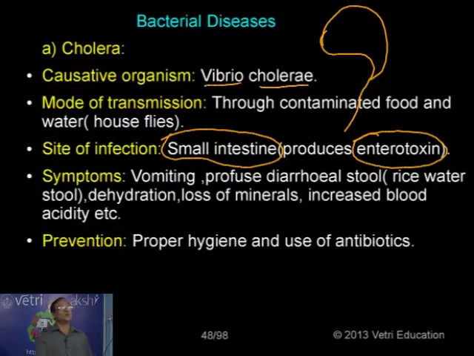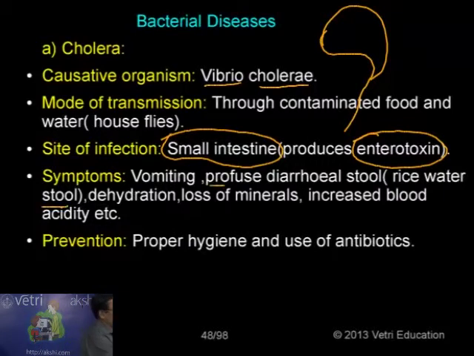Then what are the symptoms? Once you are infected with cholera, the first symptom is a vomiting sensation, and secondly, profuse watery diarrhea, meaning continuous, very watery diarrhea. That is why it is called profuse watery diarrhea. We normally use the term rice water stool.